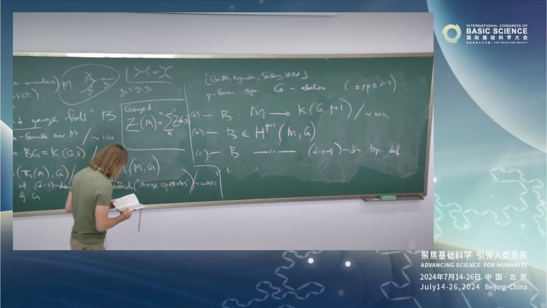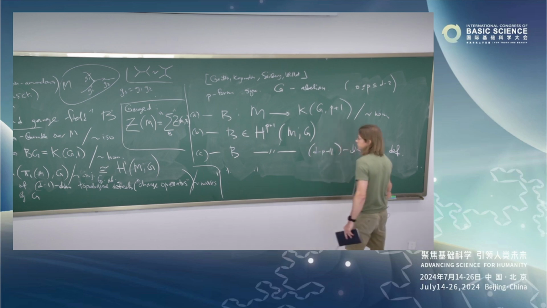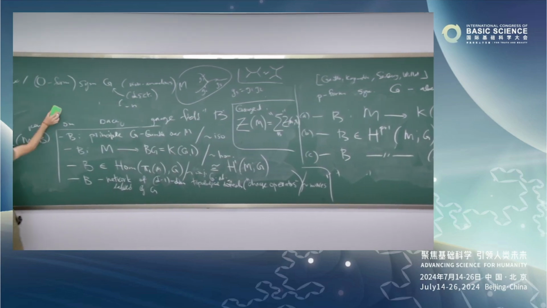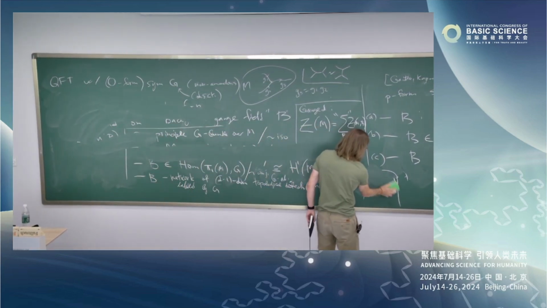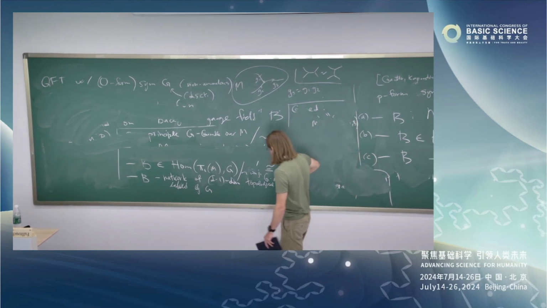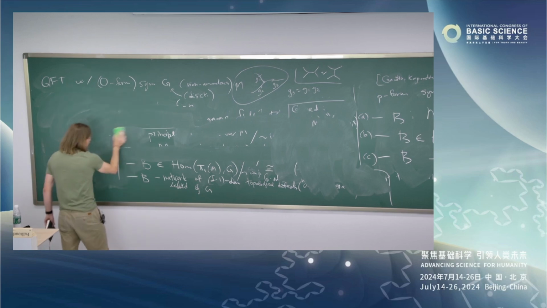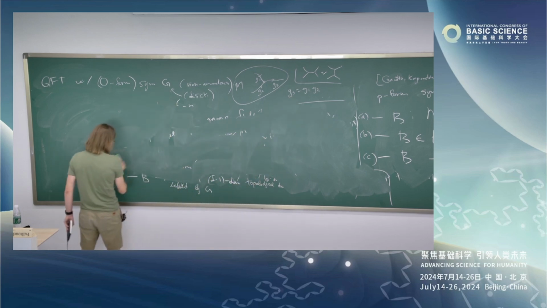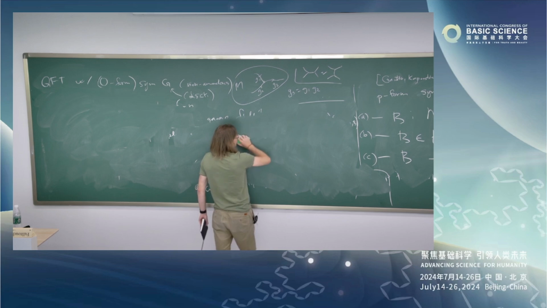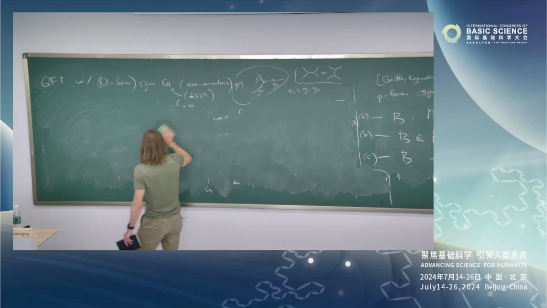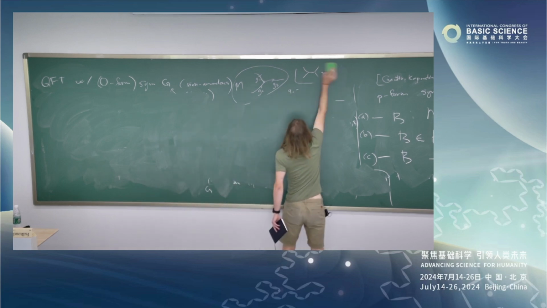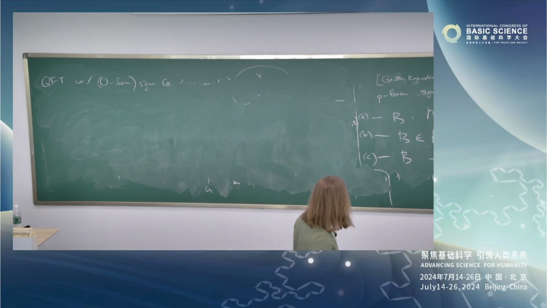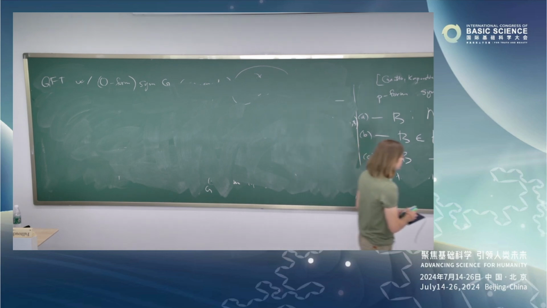So this is all for when M is closed, but now we want to consider extension of these to bordisms, so that we can define them mathematically as a functor from a category of bordisms, and we also want to consider this gauging operation, which starts with one functor and produces another.